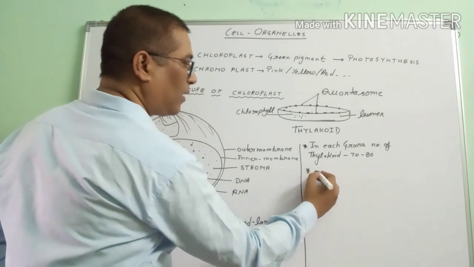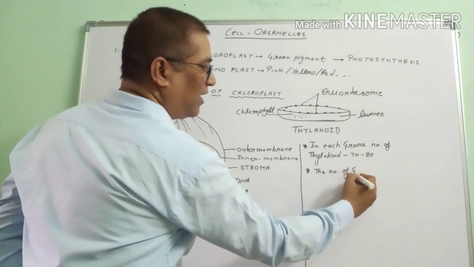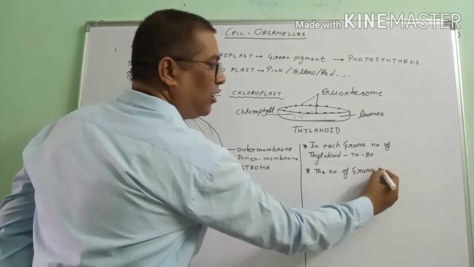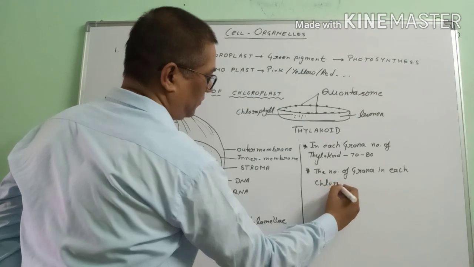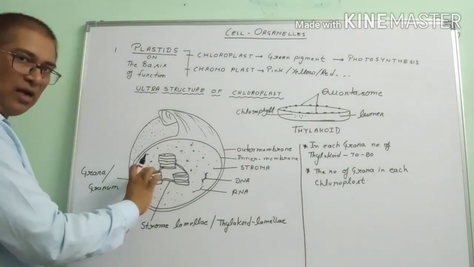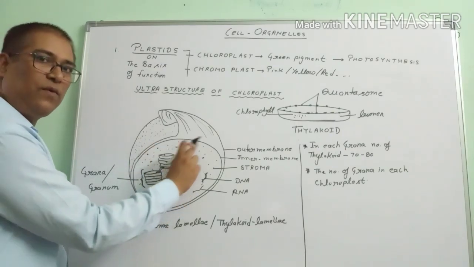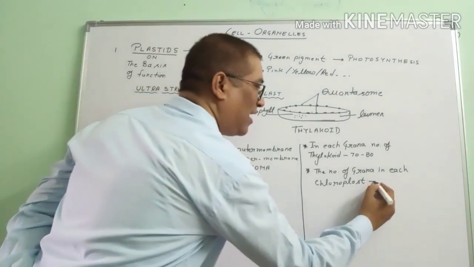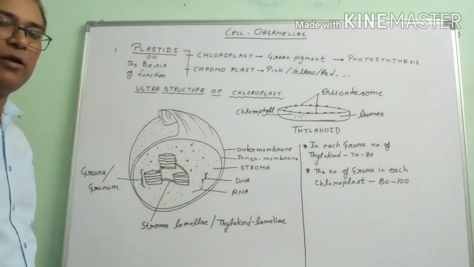Whereas the number of grana in each chloroplast, 1, 2, 3, 4, 5, 6 and so on, is 80 to 100.